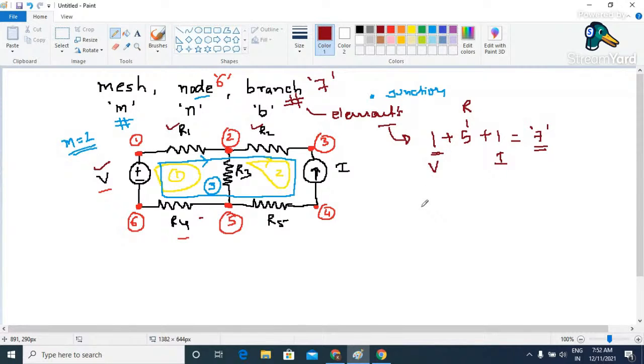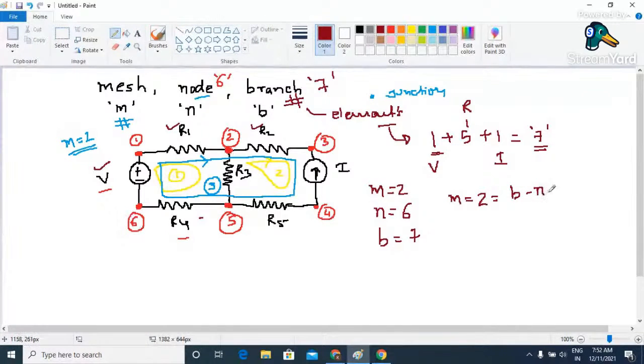Now let us try to write a mathematical relationship between mesh, node, and branch. So how to write this? See here, in this circuit we have mesh 2, we have node 6, and we have branches 7. So I can write mesh, which is 2, is equal to branch minus node plus 1.